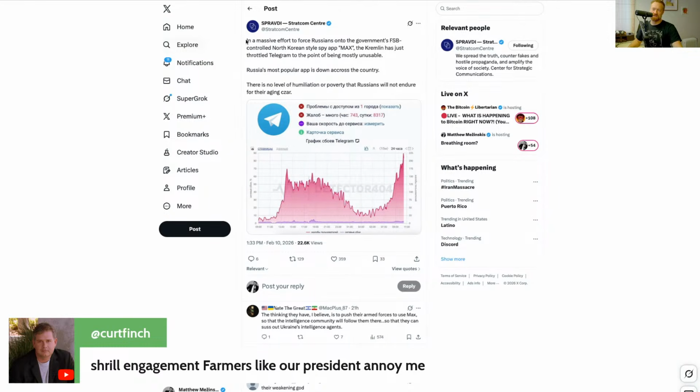So this is a big blow. Government officials, they have this Max app, which is, as they're saying, a North Korean style spy app. Not that North Koreans even have phones, as far as I know, but everything that you do would be fully centralized within the Kremlin, within the Russian intelligence apparatus.